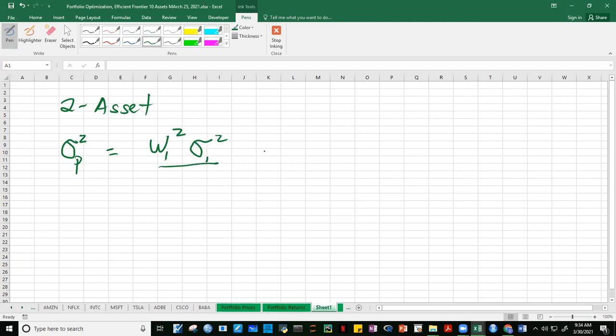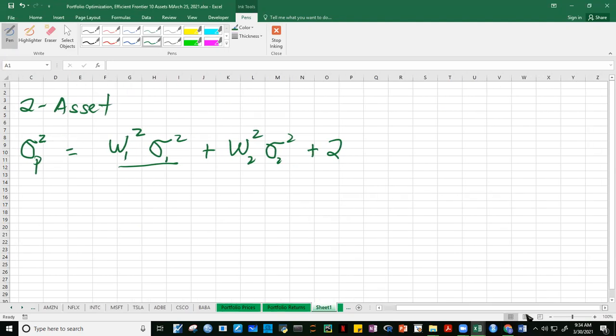Tama? Yes, sir. Plus the weight of the second asset squared then times the variance of the second asset. Okay. And then plus 2 times weight of the first and second asset.